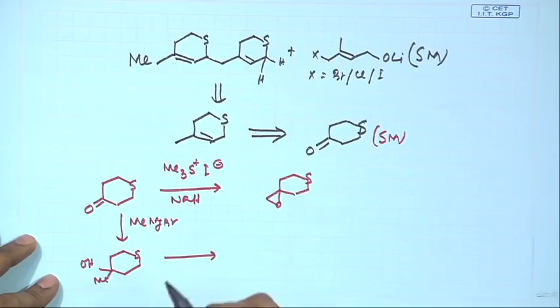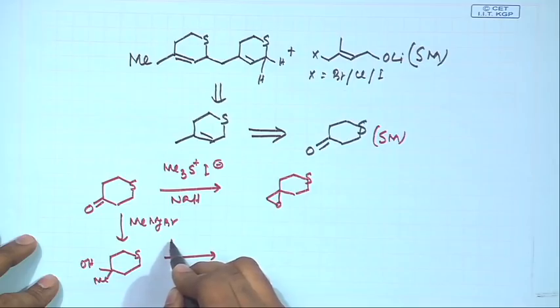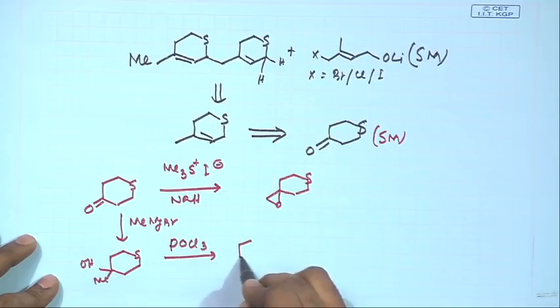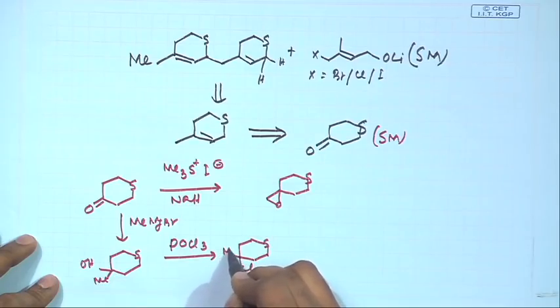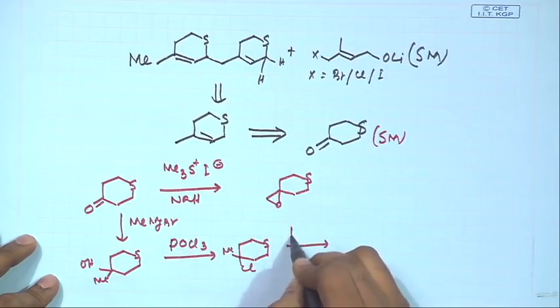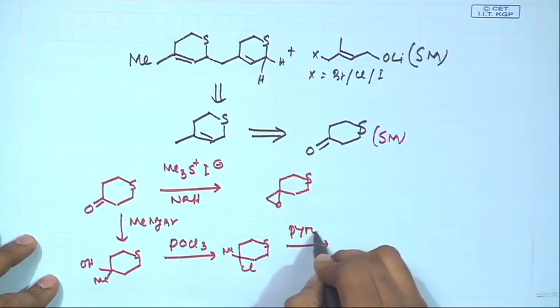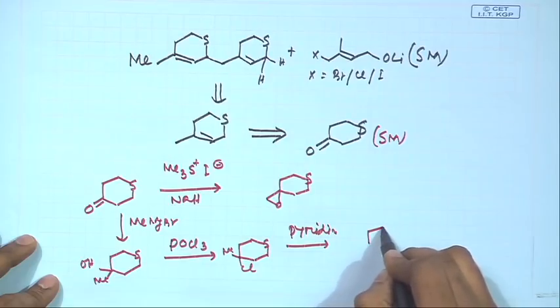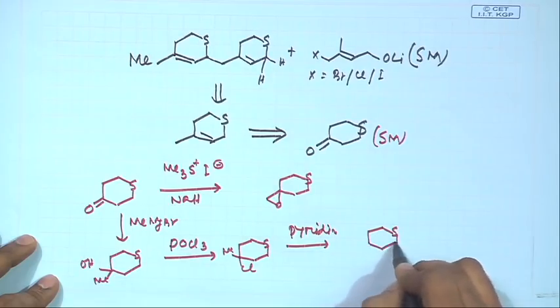Now, this OHMe, you convert this alcohol to the corresponding chloride by POCl3, a standard chlorinating agent, and methyl will be there. Then you treat with pyridine as a base, and you will get this compound.